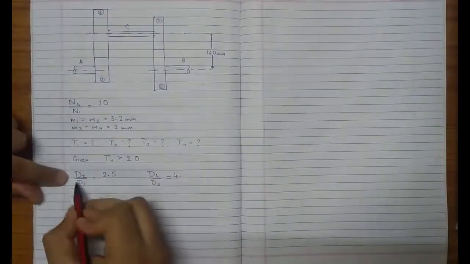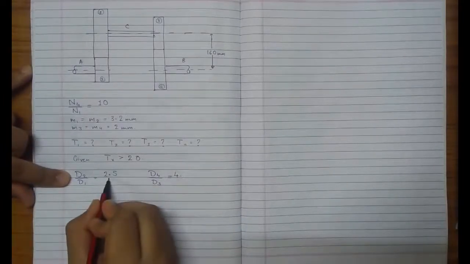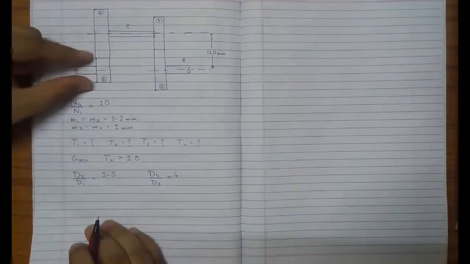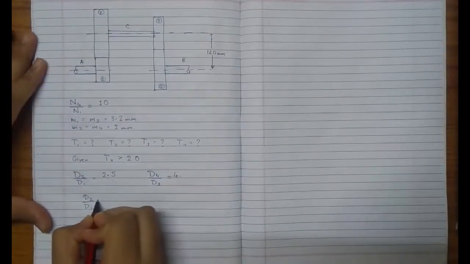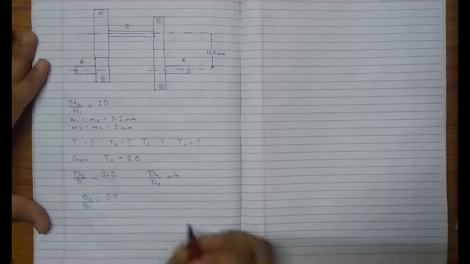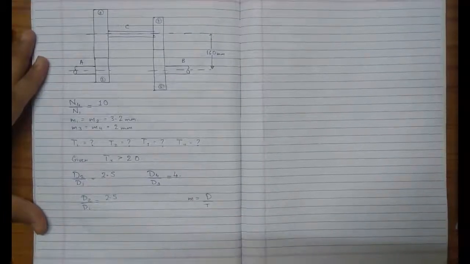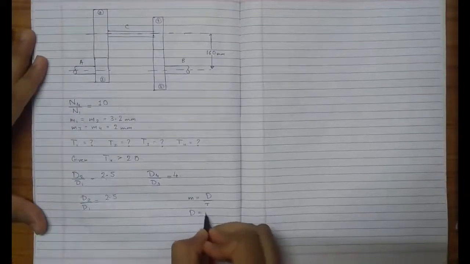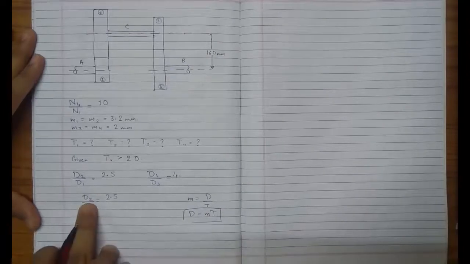We will see. They have given us this relationship, d2 upon d1 is 2.5. That the ratio of diameters is 2.5. We can use our equation m is equal to diameter upon number of teeth. So diameter becomes modulus into number of teeth. We can use this logic and substitute.